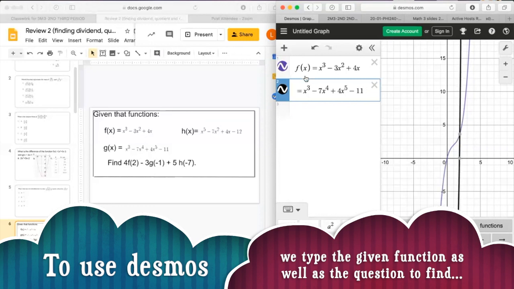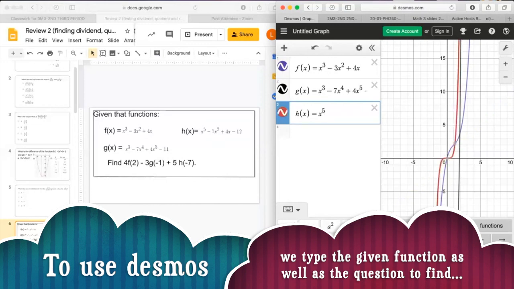All right, and then we will have the third function, which is h of x equals x to the fifth minus 7x squared plus 4x minus 12. All right, so I just hope that I am putting the equations correctly.